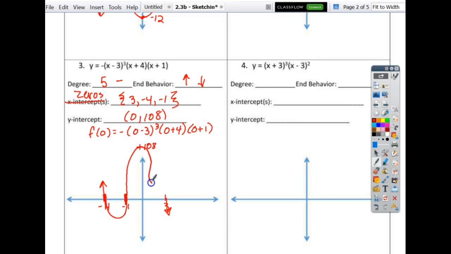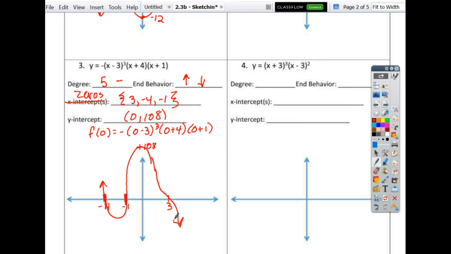And when I come down, then I'm going to have a point of inflection, not there, right on the 3. So you get a point of inflection at the 3. Okay, does that make sense?